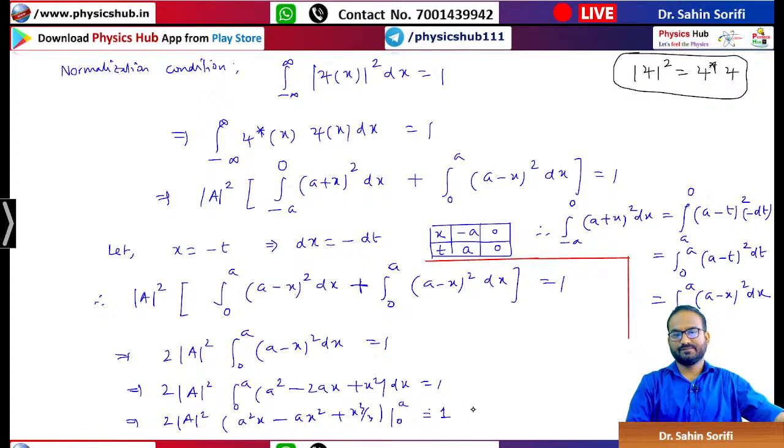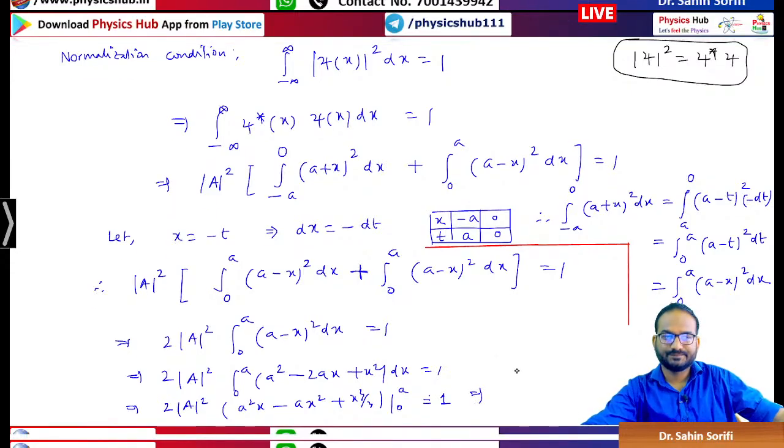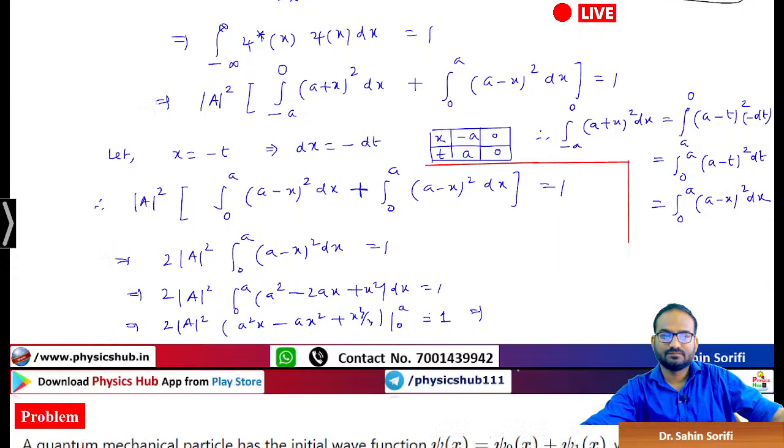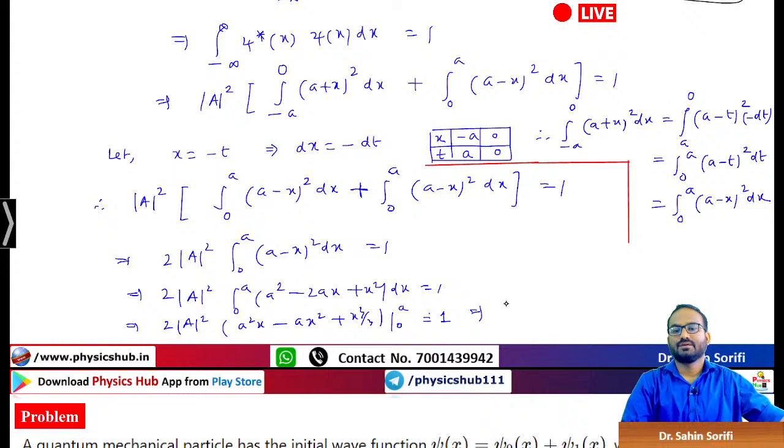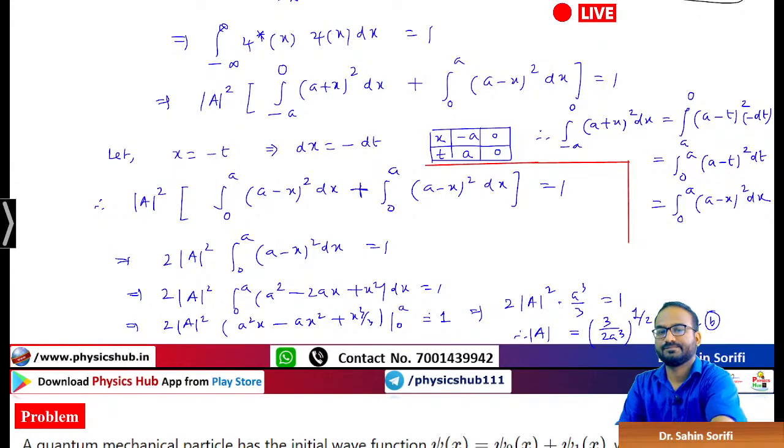This is equal to 1. That means 2 a square, and this will give you a cube by 3 equals 1. A equals to the square root of 3 by 2a cube, matching with option B.